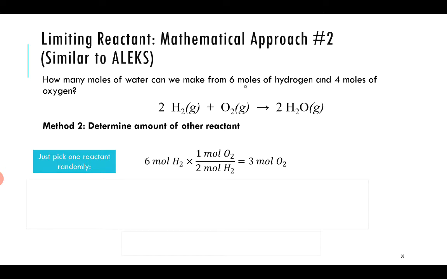We know that we have 6 moles of H2 and 4 moles of O2. We can use how much we have of one substance to calculate how much we need of the other substance. So needed values are calculated. Calculate need. Then you compare have to need.